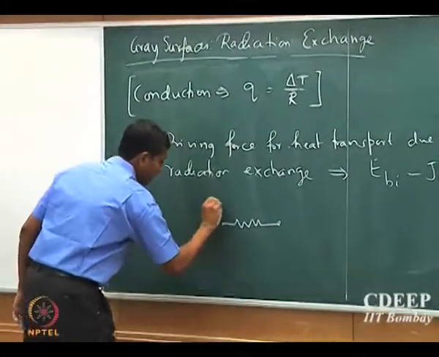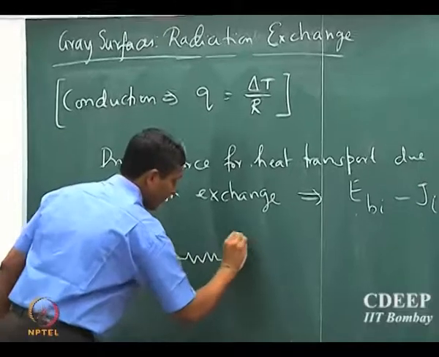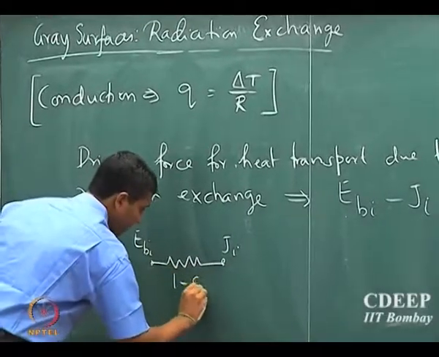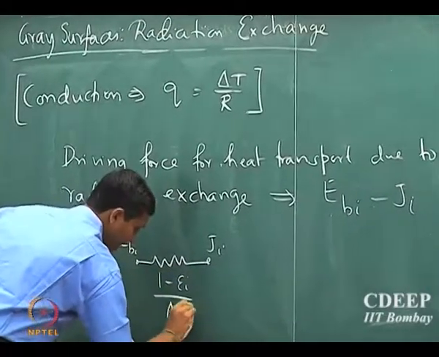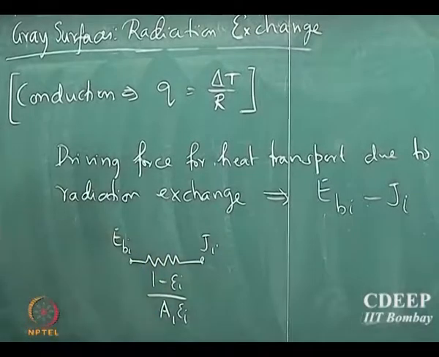So Q equals Ebi minus Ji divided by the resistance, (1 minus epsilon i) by (Ai epsilon i).